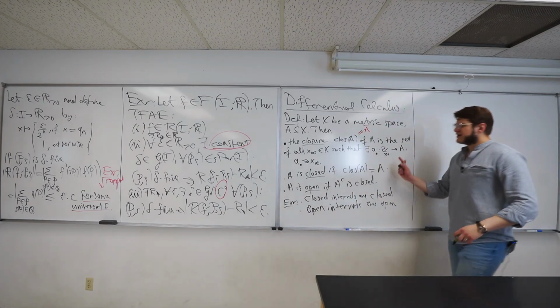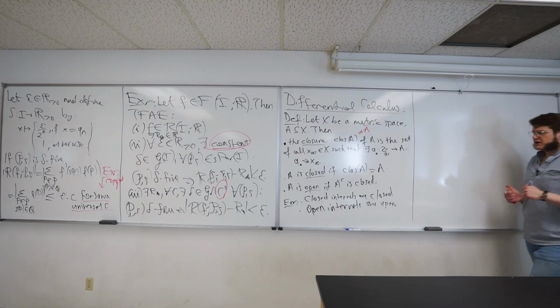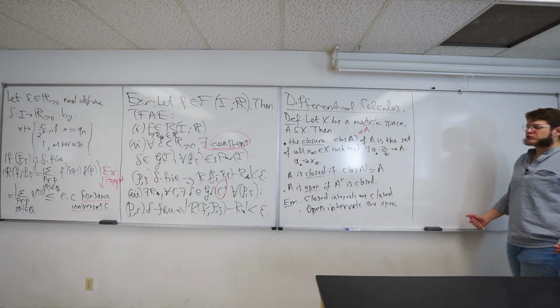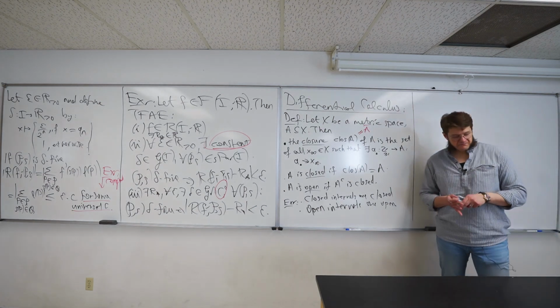We're not going to use these too much beyond this definition for a limit, but for those of you who are going to take the 3220, the sequel class, you're going to spend some time discussing these in the case of Rn, whatever.